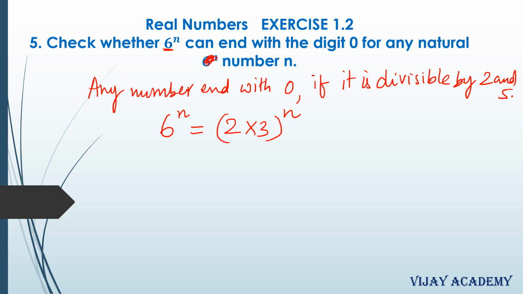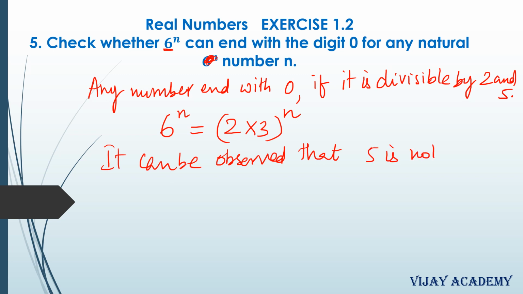So it's very simple. We can just write that it can be observed that 5 is not in the prime factorization of 6 power n.